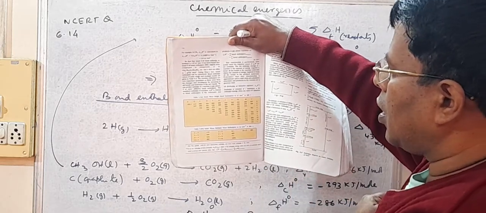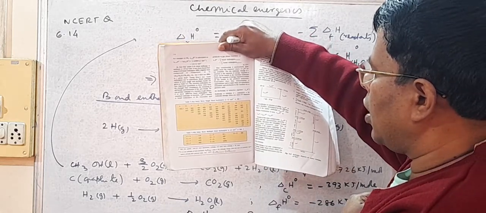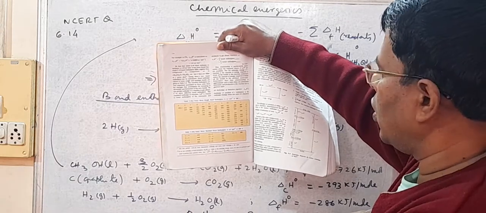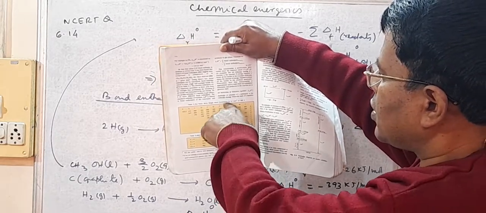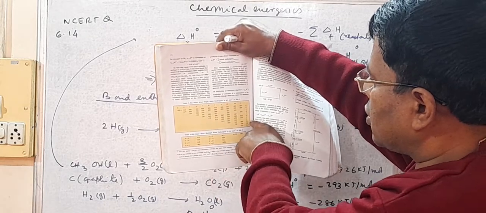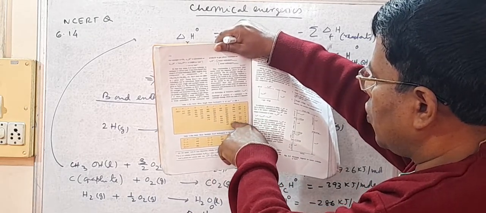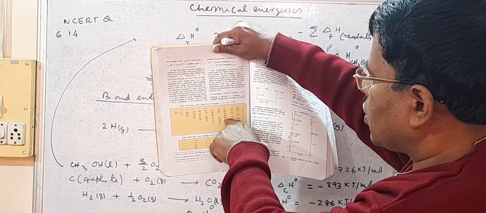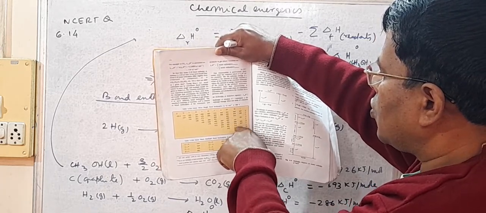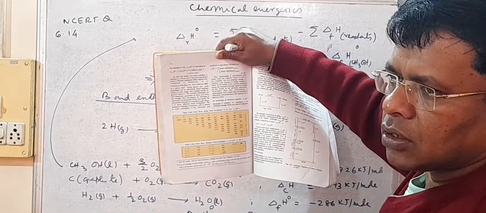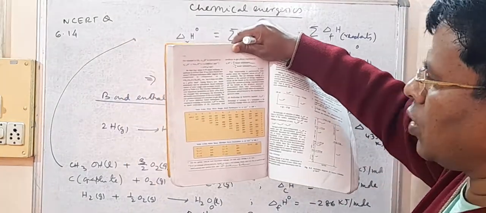Suppose I need the bond enthalpy of the sulfur chlorine bond. So here you see sulfur, and here is chlorine. So sulfur and chlorine, suppose the sulfur is here and chlorine is here. So where they are meeting, it will give us the sulfur chlorine bond enthalpy.